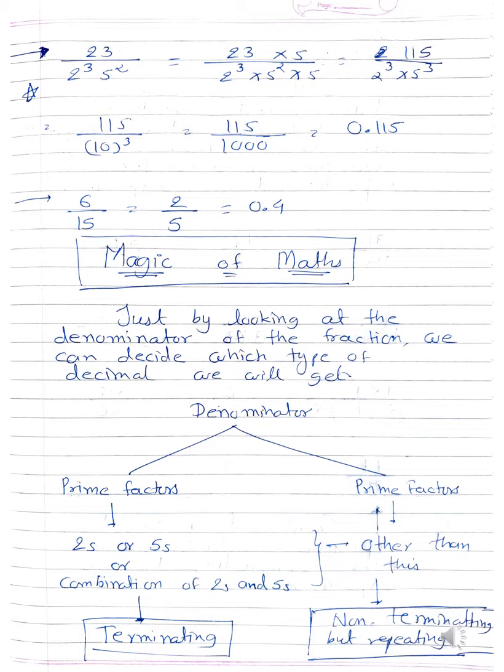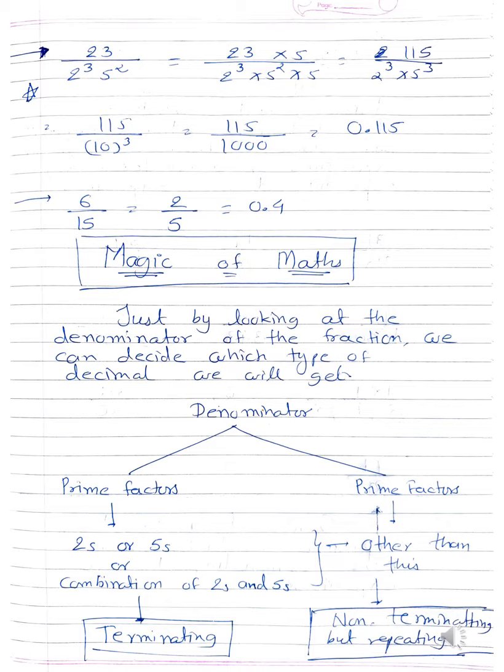And if the prime factors of the denominator are other than 2's and 5's, maybe some other numbers are there with 2 and 5, then definitely we will get the non-terminating but repeating type of decimal. So this is the magic of maths you need to remember.